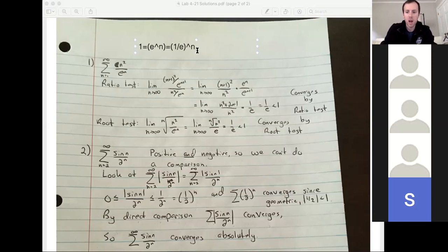But n squared over e to the n is bigger than this, so you can't do a direct comparison. If you're bigger than something that converges, you could go either way.